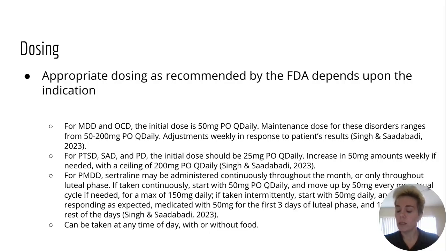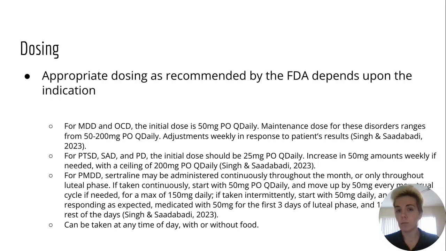Finally, for PMDD, sertraline can be administered continuously throughout the month or just throughout the luteal phase. If taken continuously, start with 50 milligrams daily and move up by 50 milligrams every menstrual cycle if needed, for a max of 150 milligrams daily.